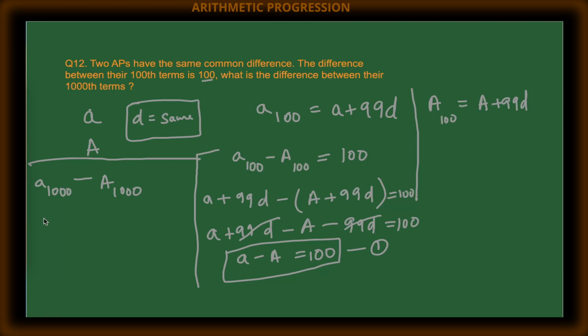We can represent this by a1000 as a plus 999d, which is n minus 1, so we have replaced it. Minus, in a bracket, capital A plus 999D.